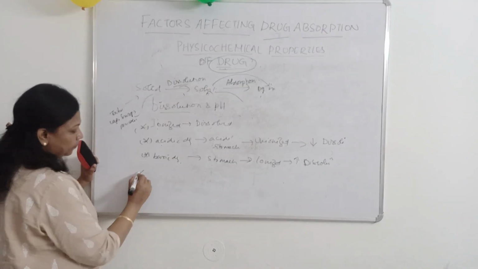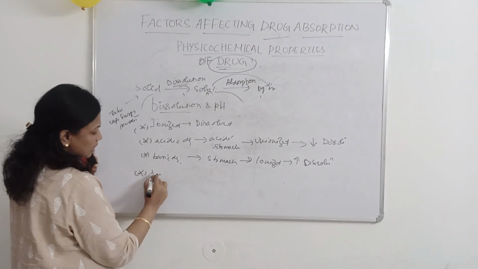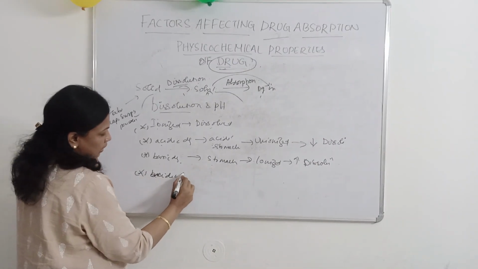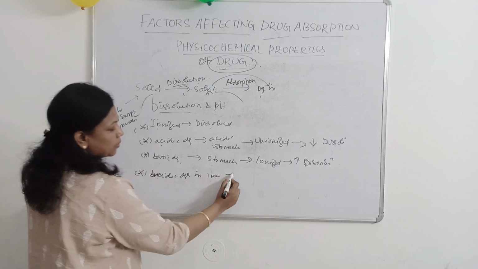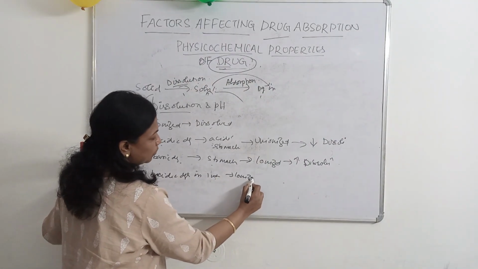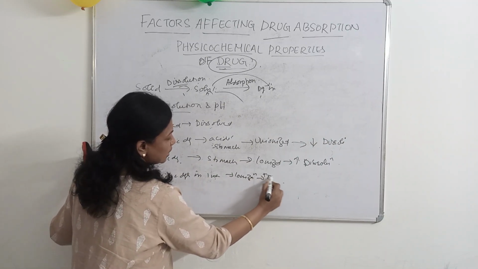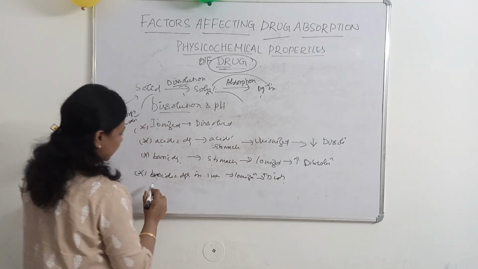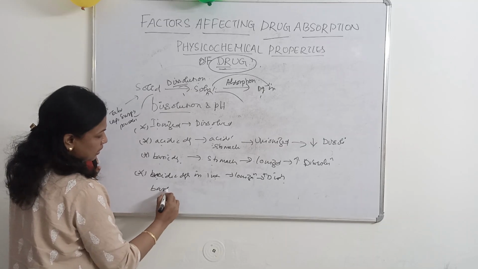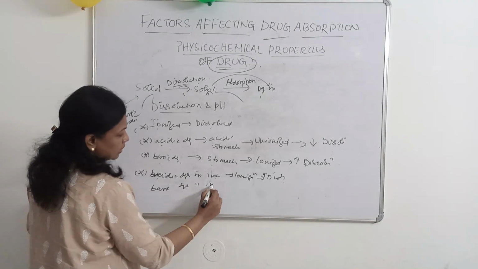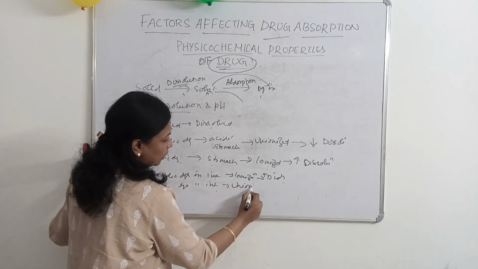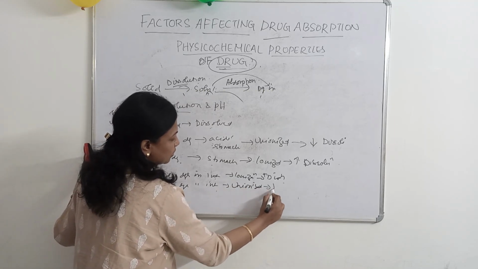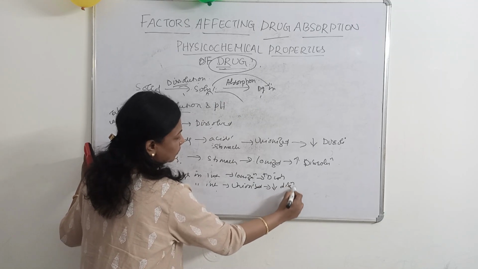In the intestine, an acidic drug in basic medium will have more ionization, so it increases dissolution. Whereas basic drugs in the intestine, in basic medium, will be unionized, which will reduce the dissolution.